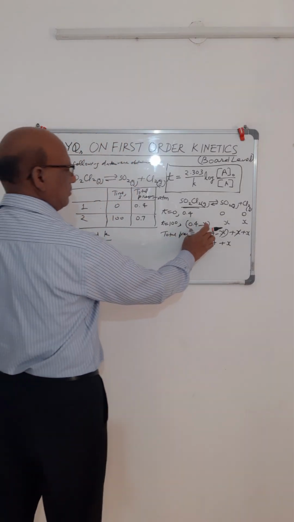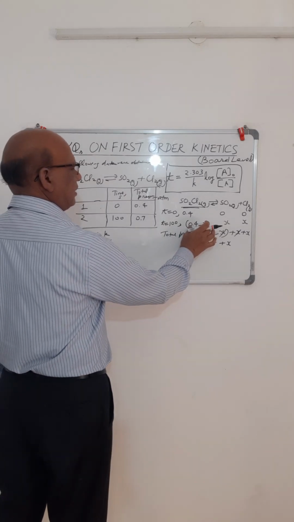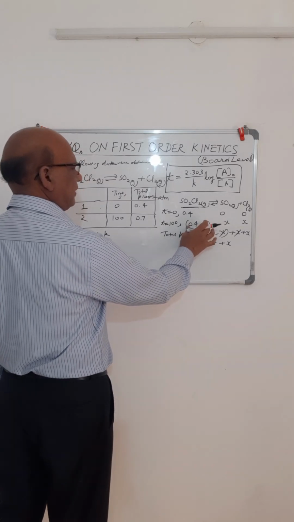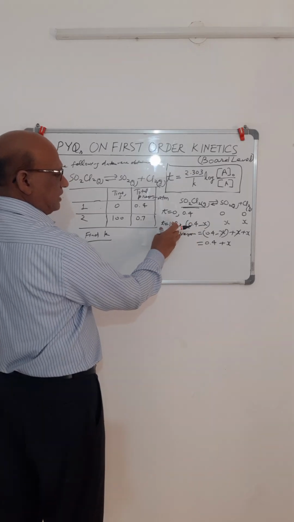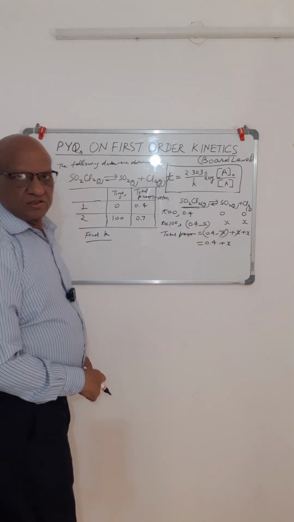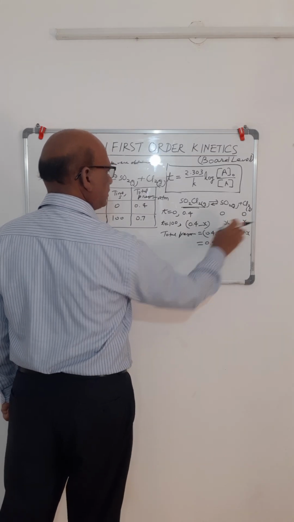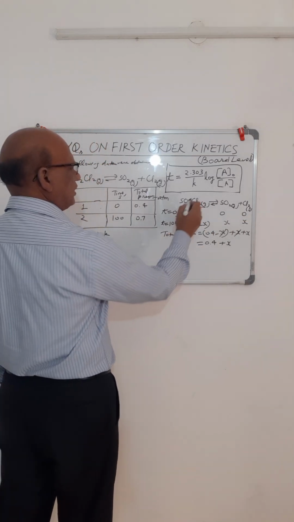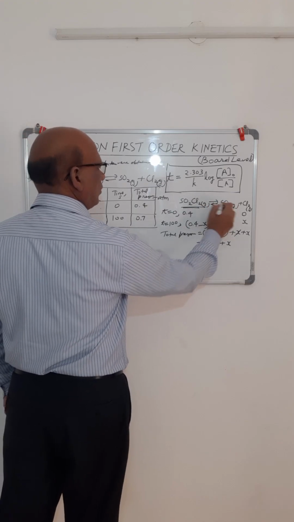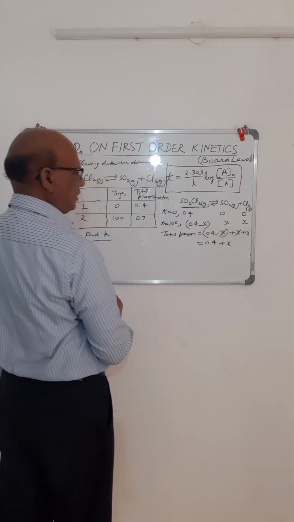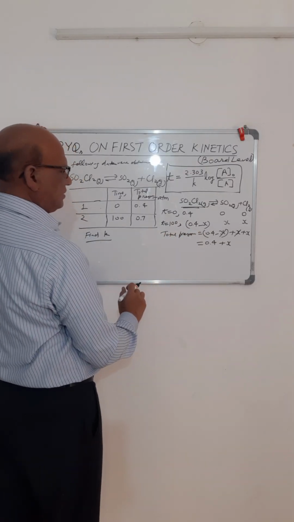This is the total number of moles, because after 100 seconds x moles are dissociated and x of SO2 will be formed and x of Cl2 will be formed. For each 1 mole of SO2Cl2 dissociated, we are getting 1 mole of SO2 and 1 mole of Cl2. So this is the total pressure after 100 seconds.